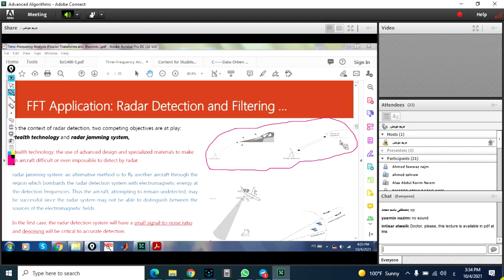Also the materials of the target are special, so instead of reflecting, it absorbs all the waves. We cannot track the target in this way.